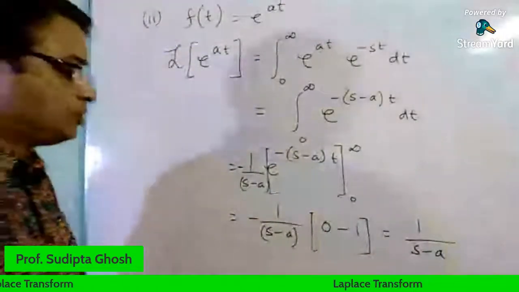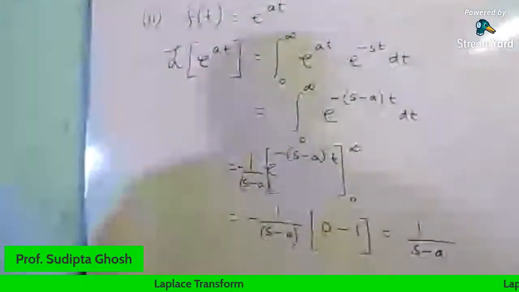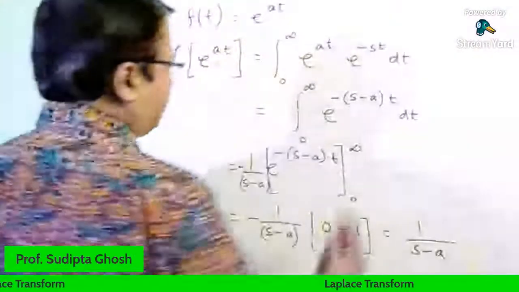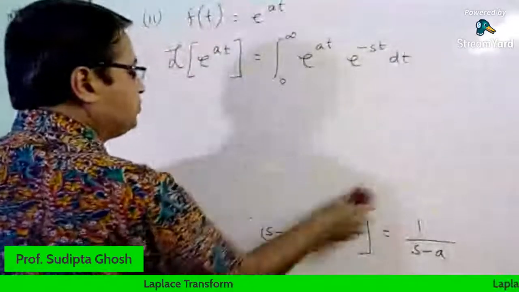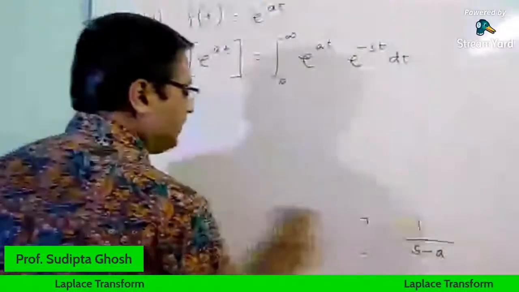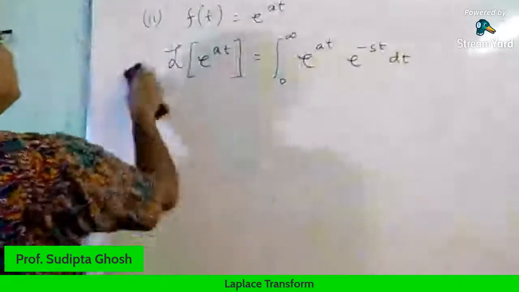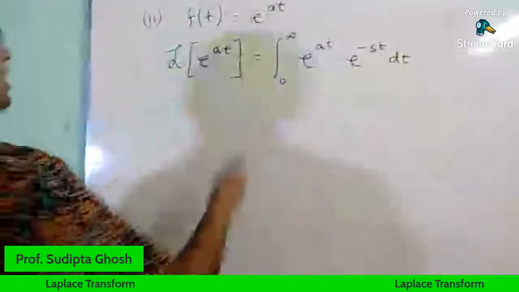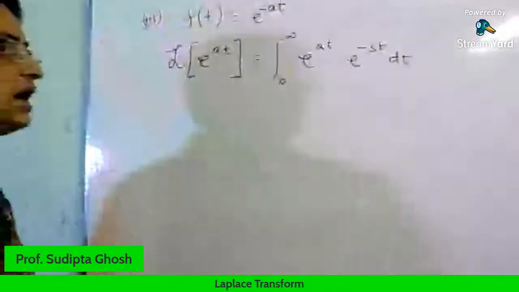Okay, fine. So let's move on to our third function, that is f of t equals e to the power minus of at. The function is e to the power minus at, and this is our third function.